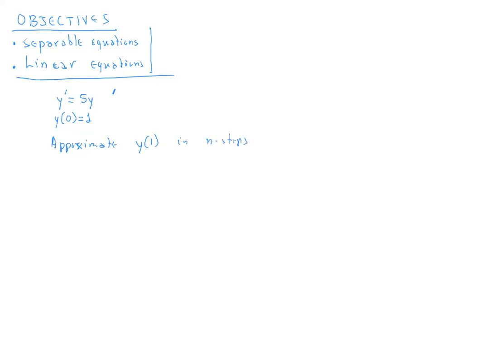What does that mean? That means that you start at 0, you end at 1. Since you have n steps, it's as if you want to take the interval from 0 to 1 and divide it into n steps. So the step will be 1 over n, 2 over n, and so on, the points.